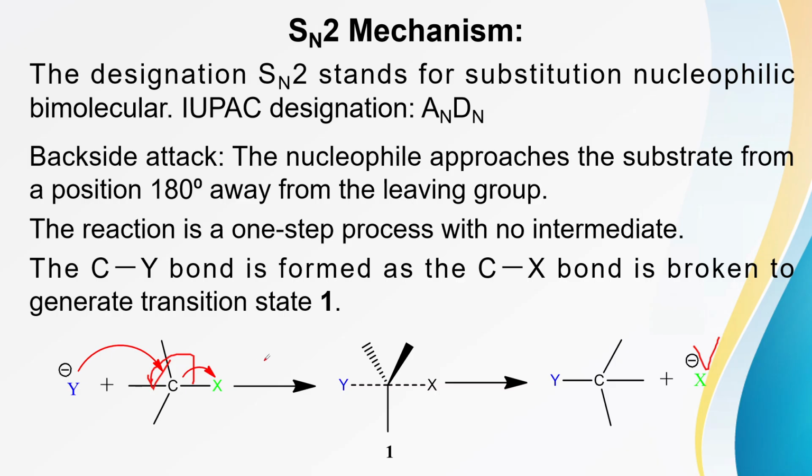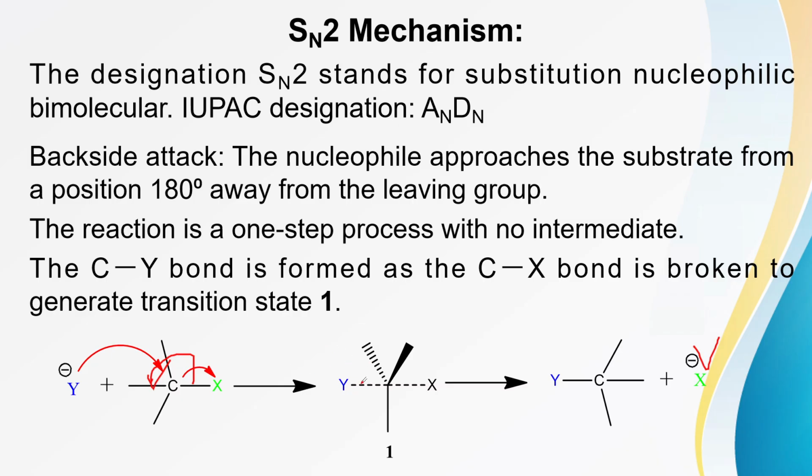The reaction completes in a single step and no intermediate is formed. The C-Y bond is formed and there is simultaneous bond formation and bond breakage. Meaning at the same time the C-Y bond is formed and the C-X bond is broken.